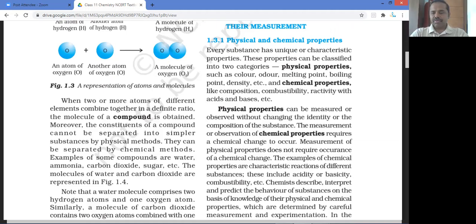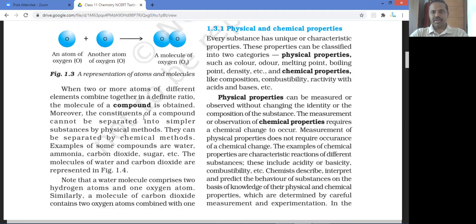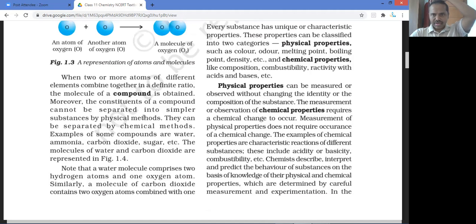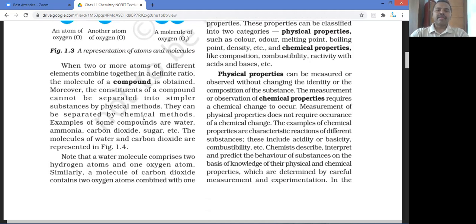Chemical properties: composition, combustibility, reactivity with acids and bases. The physical properties are measured without changing the identity or the composition of the substance, and in chemical properties we see how it reacts with acid or base.